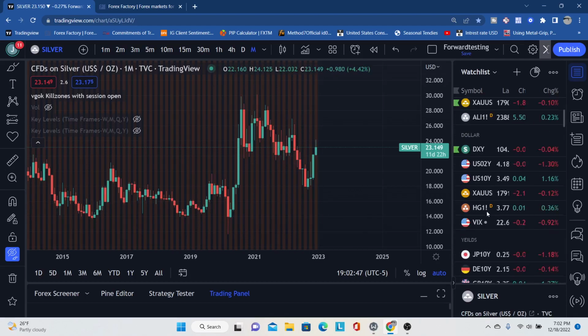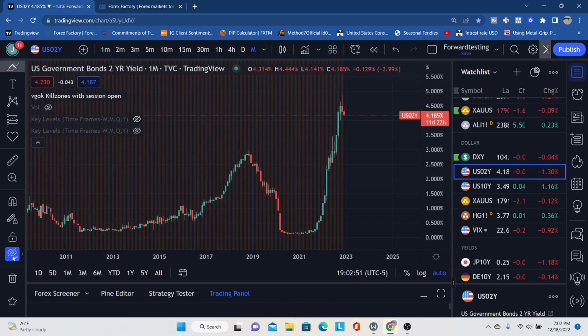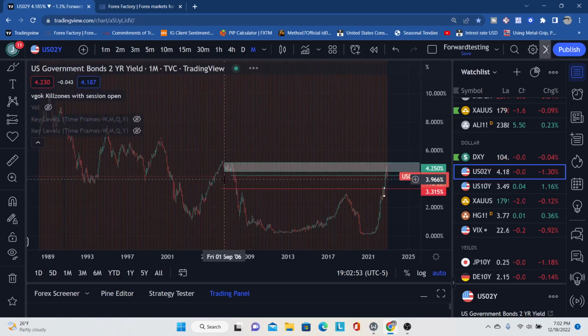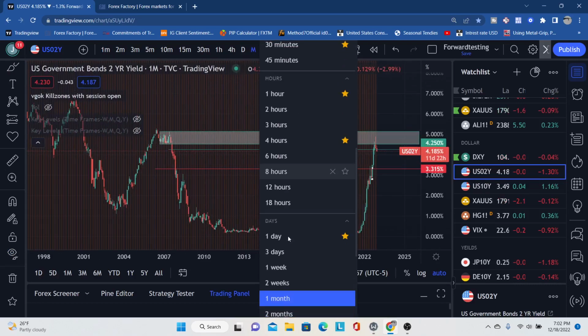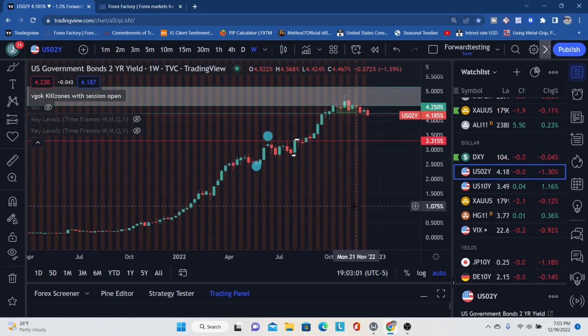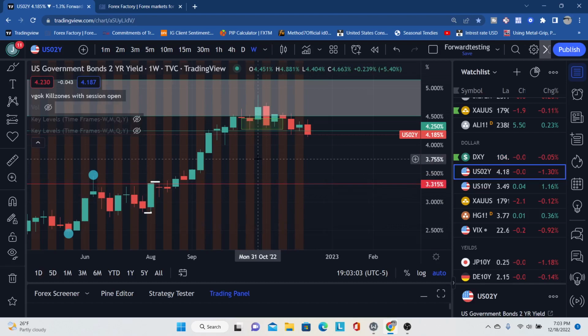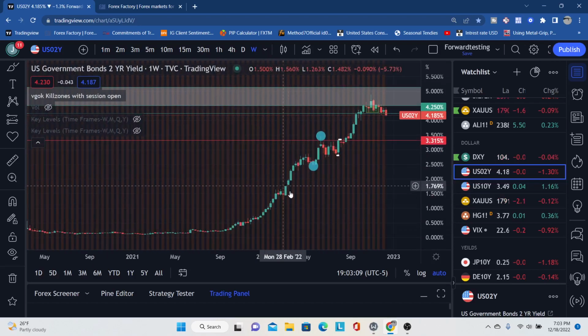So last but not least, we'll talk about yields. The 2-year yield, this is the Fed's rate hike expectations. They started to come down a bit, but haven't moved much. The 2-year hasn't really done much. It consolidated below this area, maybe waiting for another move higher, or they'll just start to drop down with inflation expectations dropping and the recession being more confirmed.